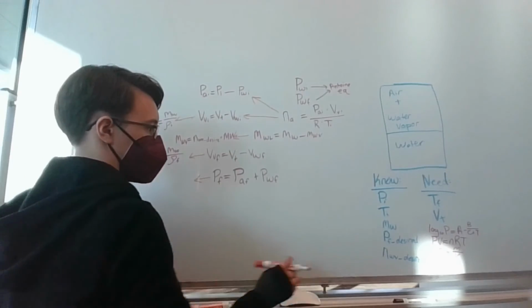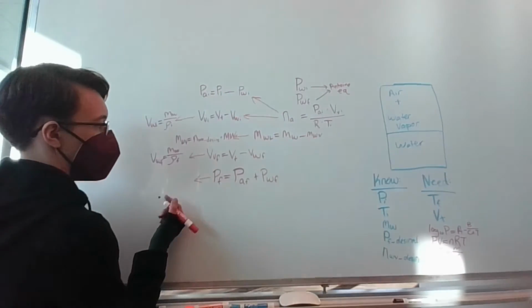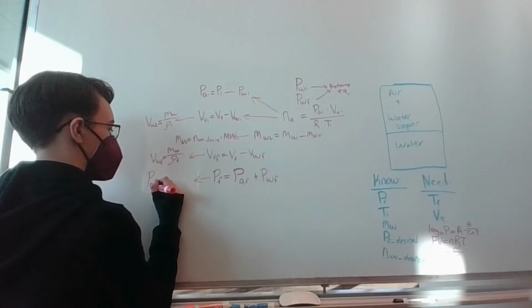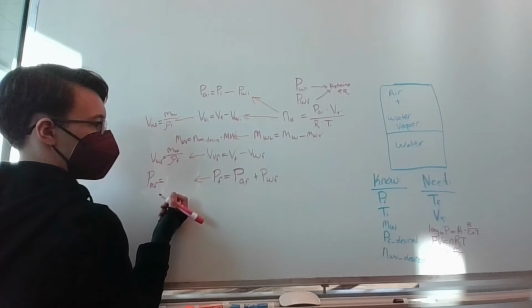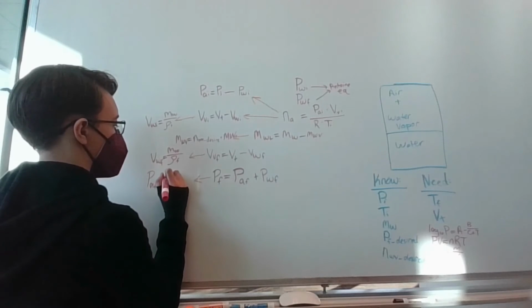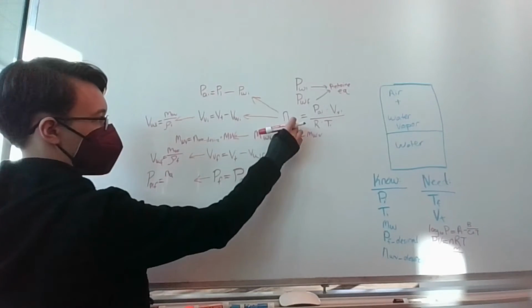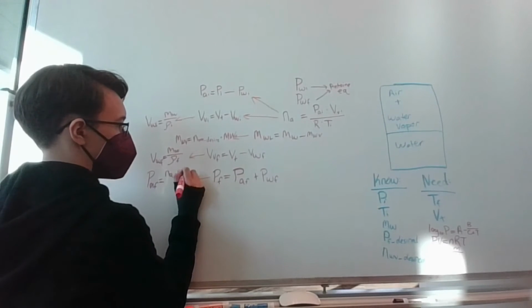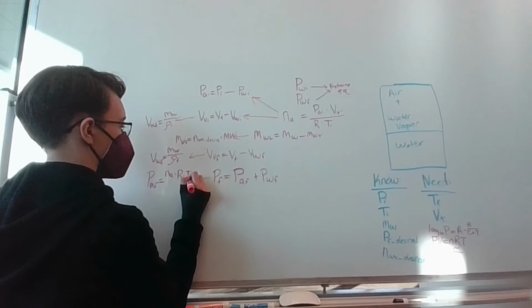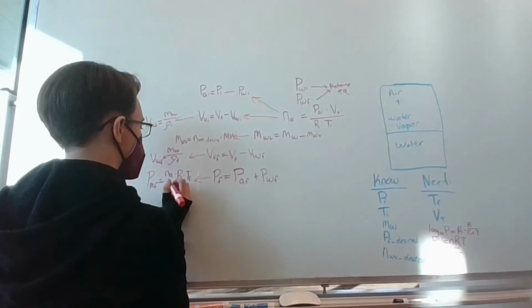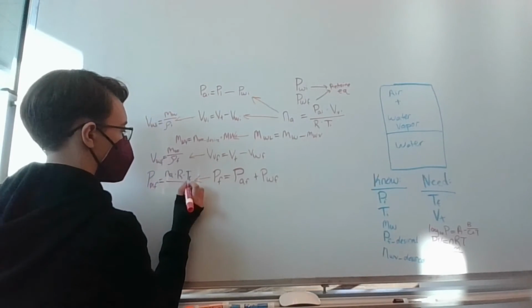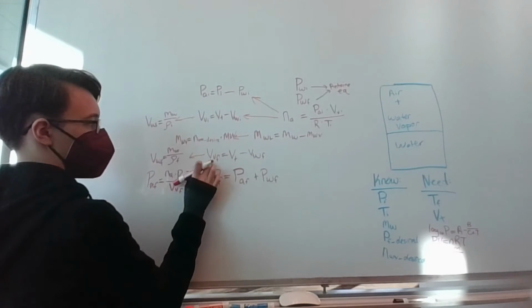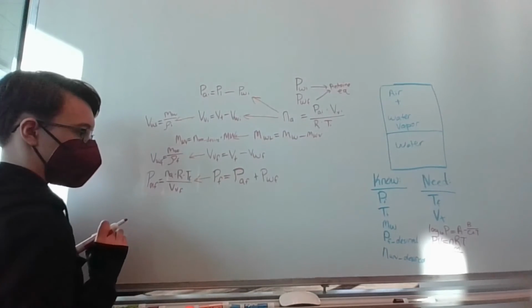So for that, we're going to use PV equals nRT. So we'll have the final pressure of the air is going to be equal to the moles of air, which we've already found an equation for, times the gas constant, times the final temperature, which is something we're looking for, over the volume of the vapor finally, which is, again, something we've already come up with an equation for.